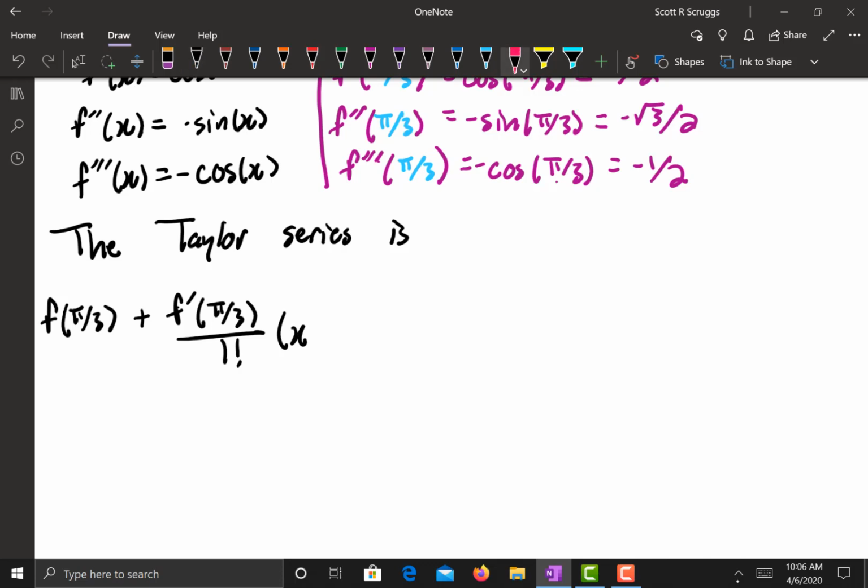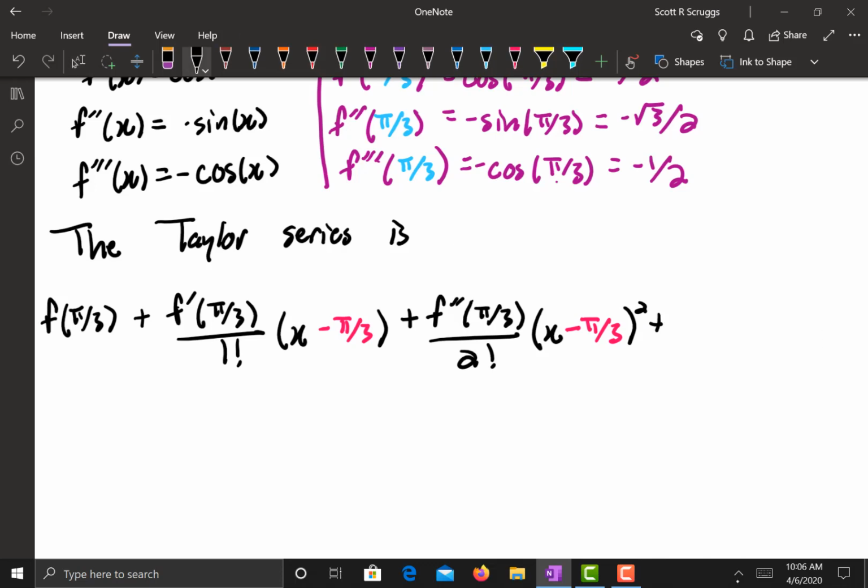But now instead of 0, I have x minus pi over 3, plus the second derivative at pi over 3 over 2 factorial, that's x minus pi over 3 squared, plus third derivative at pi over 3 over 3 factorial, x minus pi over 3 cubed.